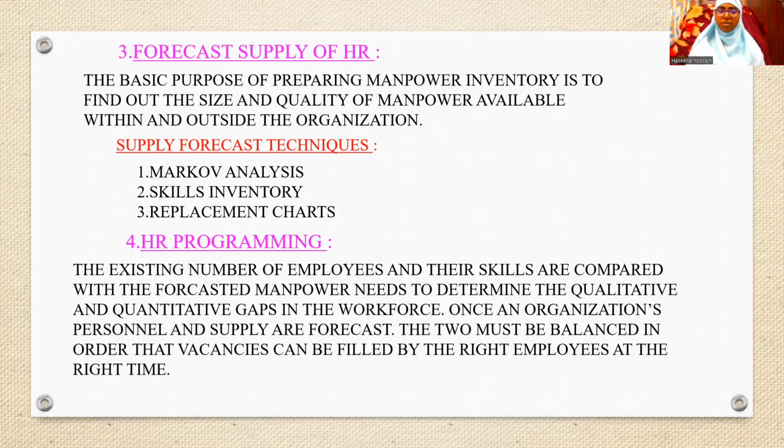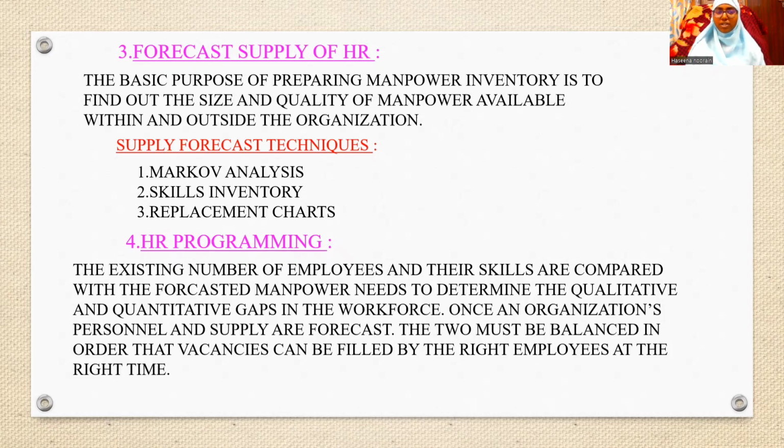In skills inventory, it is very important to analyze what type of skills should be in the person who is going to be hired for the job in the organization, like communication skills, computer operating skills, and other operational skills from the specializations. It should be there in the candidate and it should be addressed while interviewing those candidates.